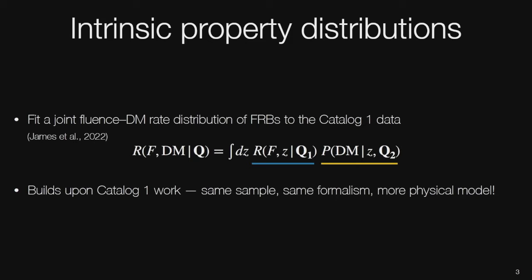This rate fluence DM distribution depends on 7 free parameters Q. You can see there are 2 main ingredients that I've underlined in different colors. The one underlined in blue contains information about the energy distributions, and the one underlined in orange contains information about the distance distributions. I'm just going to briefly go through some of the key components of each of these ingredients.